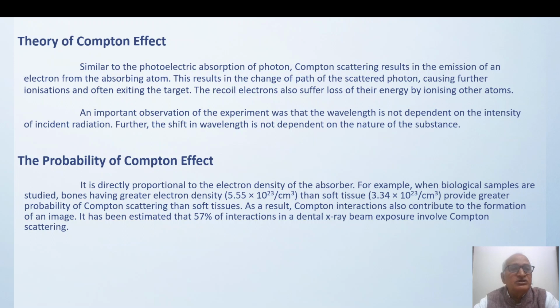Let us now pass on to the theory of Compton effect. Similar to the photoelectric absorption of photon, Compton scattering results in the emission of an electron from the absorbing atom. You may recall in photoelectric effect what happens?